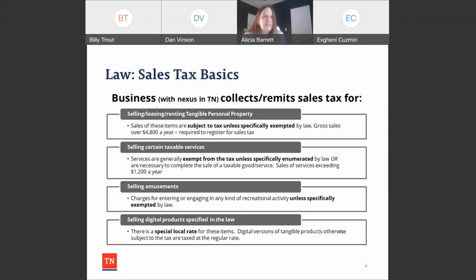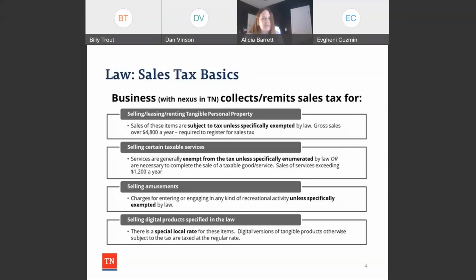So the sales tax basics in the law are as follows, and this is for businesses that are located within Tennessee. Businesses that are selling, leasing, or renting tangible personal property, these items are going to be subject to tax unless they're specifically exempted by law.